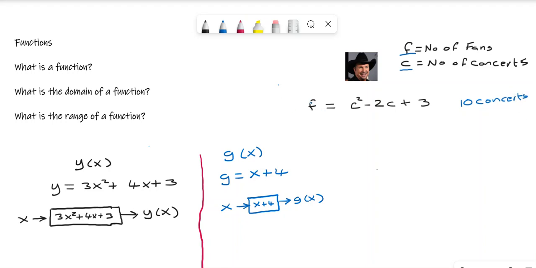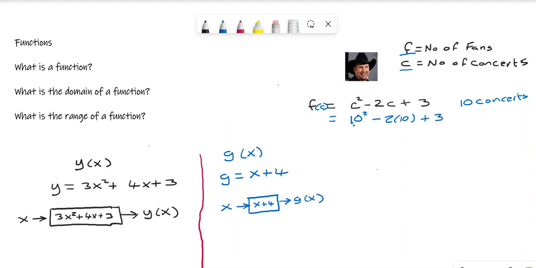we can call this function c. So the input is c, and then the output is going to be f, the number of fans. So if he was to play 10 concerts, then we could put this number in. Wherever there's a c, we can substitute in the value of 10. So that would be 10 squared minus 2 times 10 plus 3.